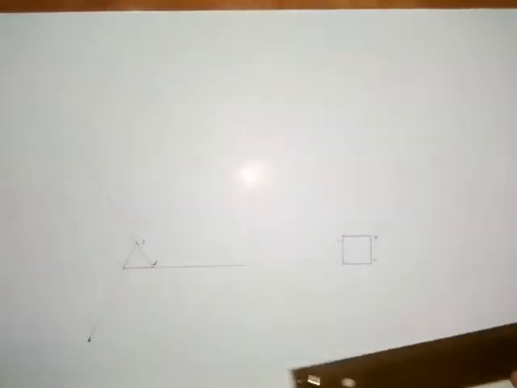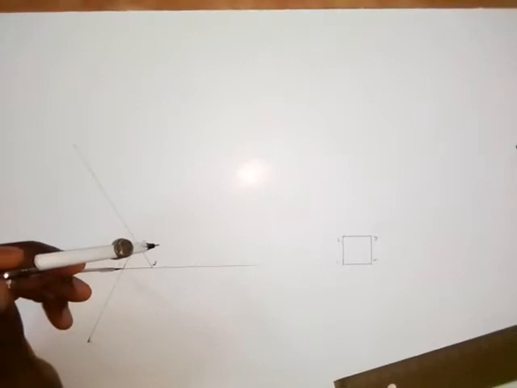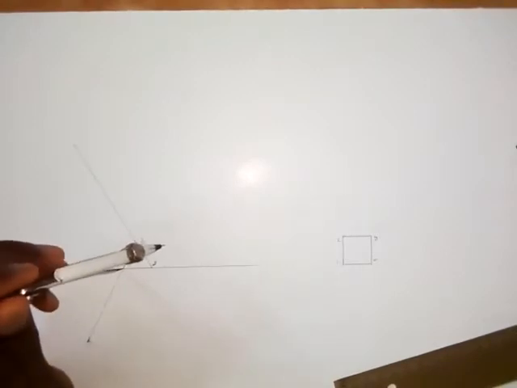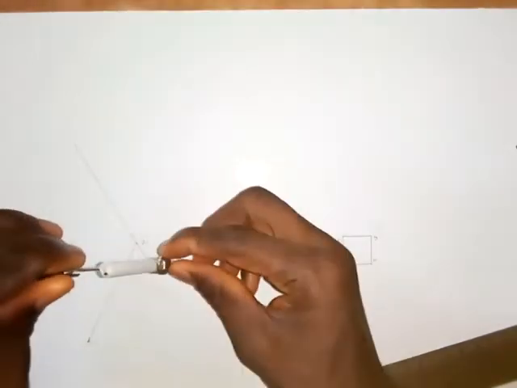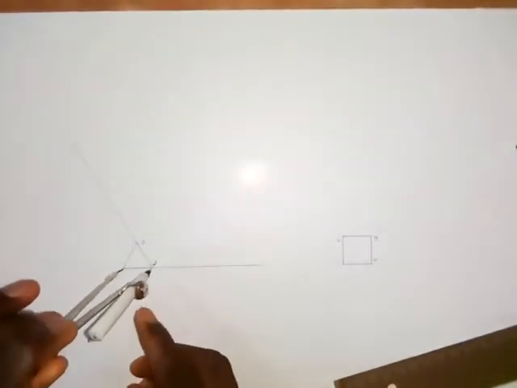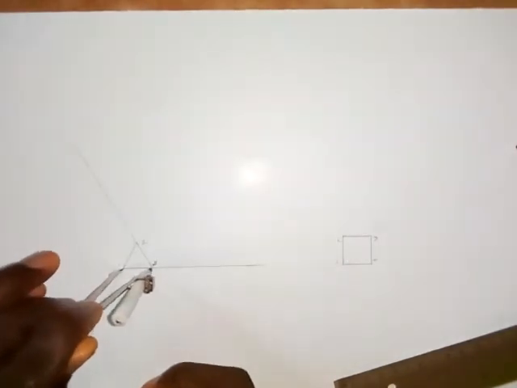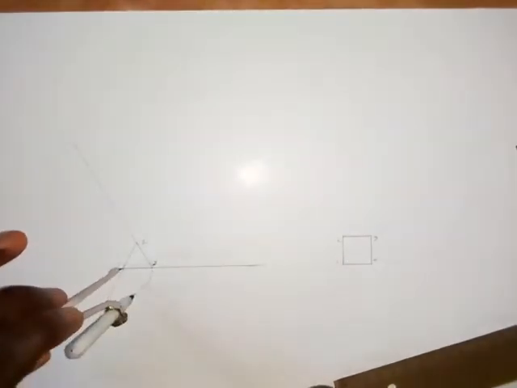Now, after doing this, the next thing that you need to do is to take your compass. Put the pinpoint at point 1 and extend it to point 3 here. From this point 3, draw an arc. The arc goes like this.